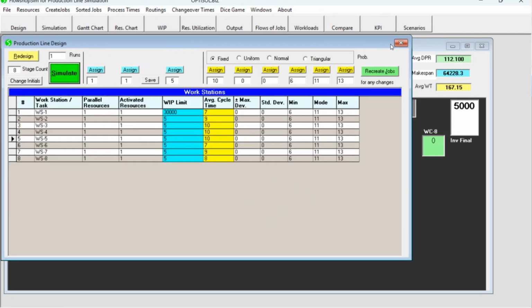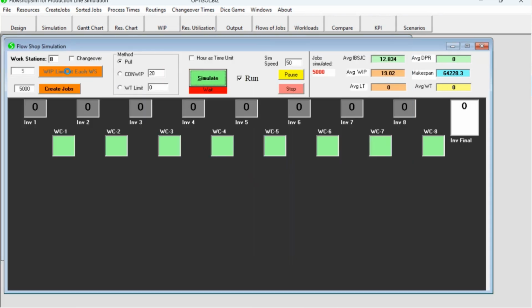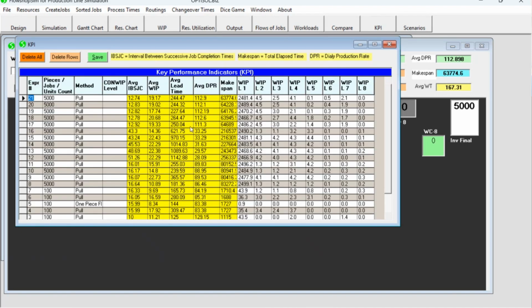I'm not sure whether it changed or not, so let me simulate once again with 10 and 10 at the fifth and third. So 107. I'm not getting much. Even if I reduce the cycle time by 20% at the third and fifth, I'm not gaining.